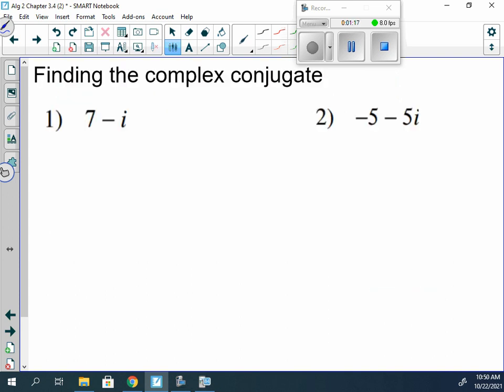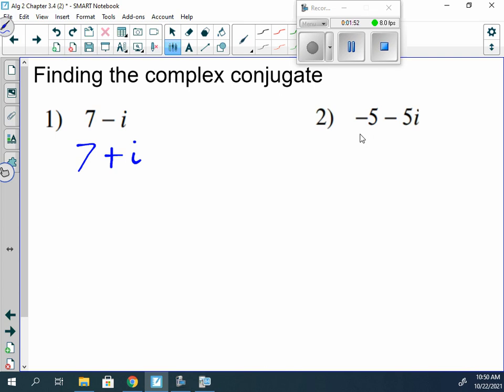So what's the complex conjugate of 7 minus i? What do we think? That's it, because a plus bi's conjugate is a minus bi, and a minus bi's conjugate is a plus bi.